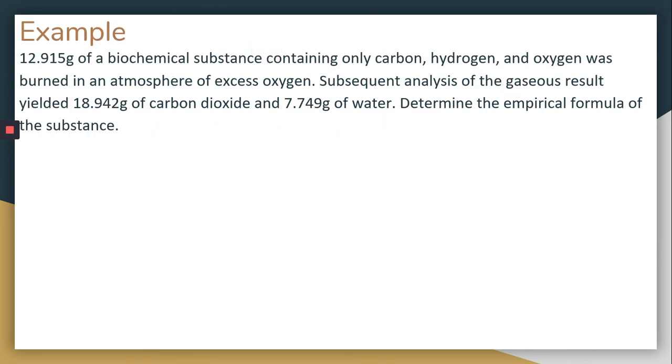All right, looking at another example. We have a biochemical substance that contains only carbon, hydrogen, and oxygen. It's being burned in the atmosphere. So we have this biochemical again, reacting with oxygen. It's burning, so we know it's combustion, so it's going to form CO2 and H2O.